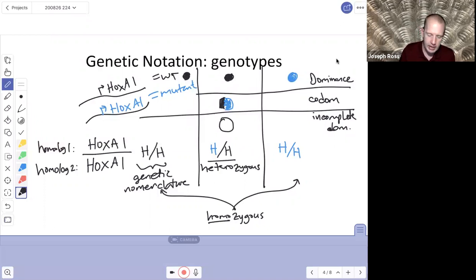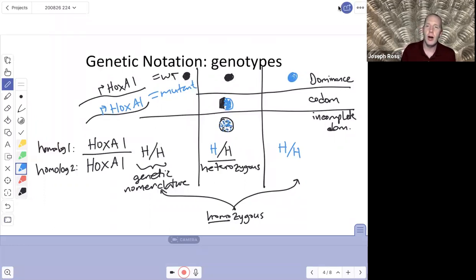Some sort of murky gray? I don't know. So the idea here is that there would be a blend of colors. This is more often indicated in textbooks in crosses between flowers, where you might have a red parent and a white flowered parent, and their offspring is pink. It's a blend of the two parental traits. That is an example of incomplete dominance.